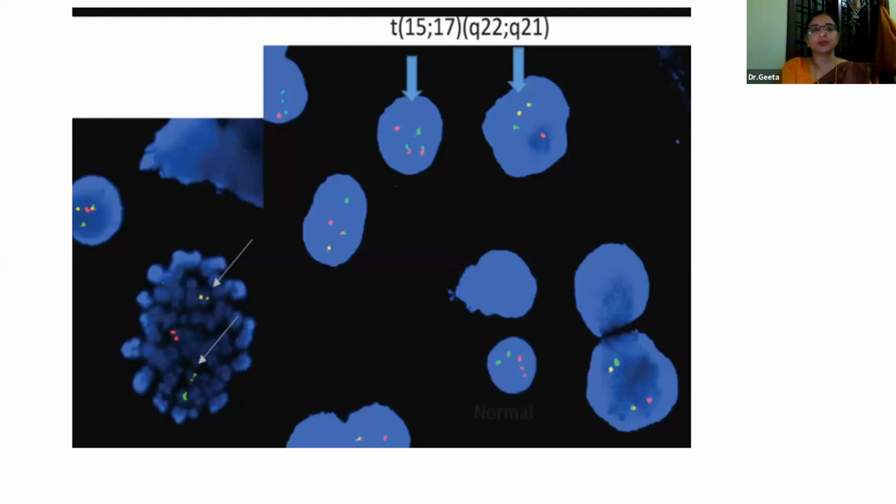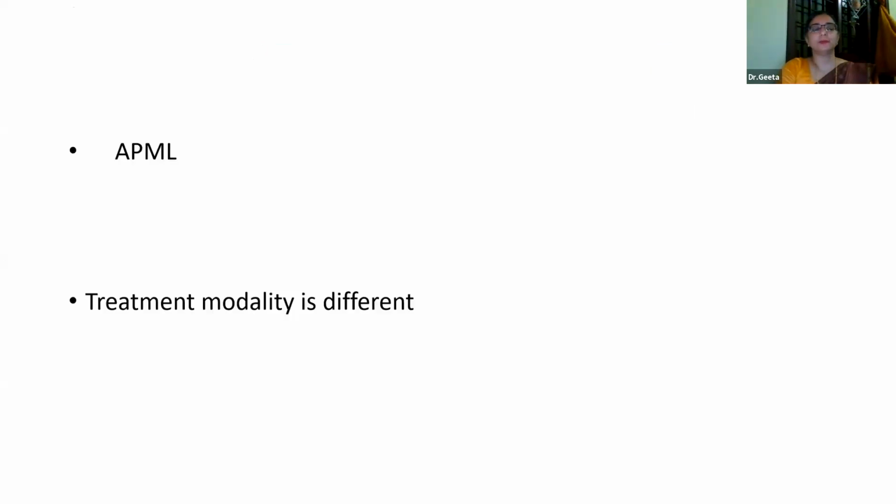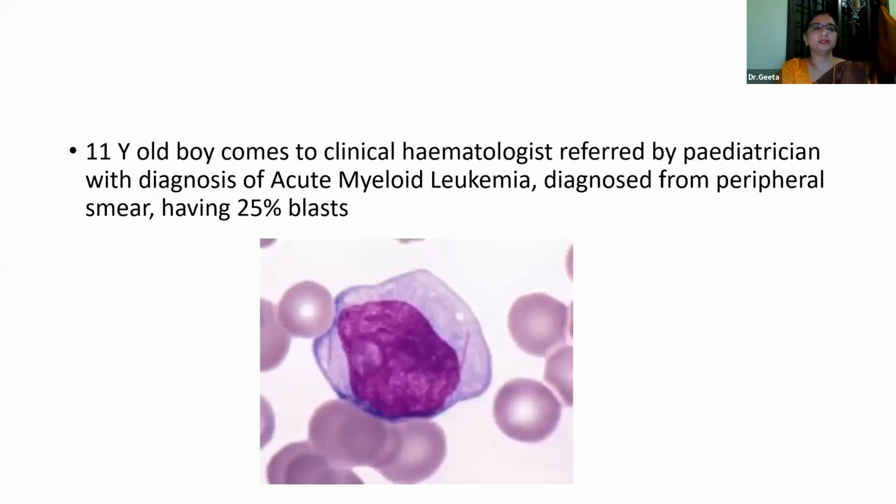So this is the FISH of the same patient, which shows a fusion of the two chromosomes. One normal copy is depicted by a red color and the other normal copy by a green color. Both are fused and form yellow signals. It is important to recognize APML because the treatment modalities are different.